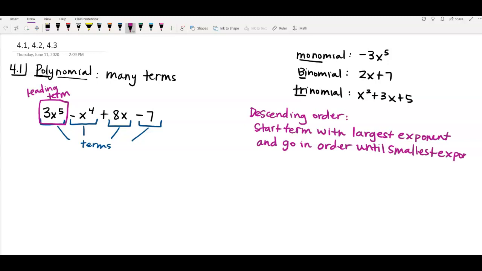The one that I have written up here is in descending order. So look at, I'm just going to circle these. I've got an exponent of 5, an exponent of 4. What exponent is on this next term, that 8x?